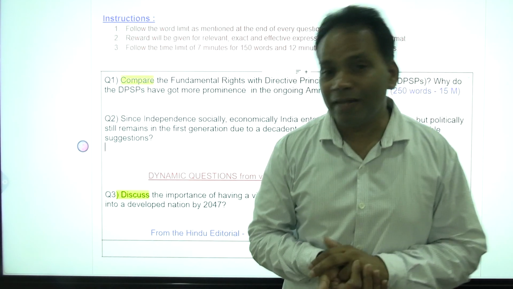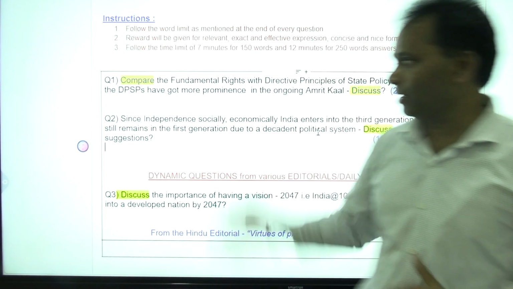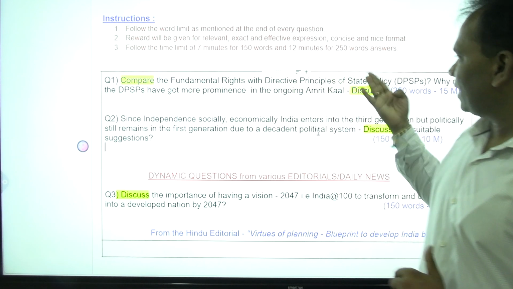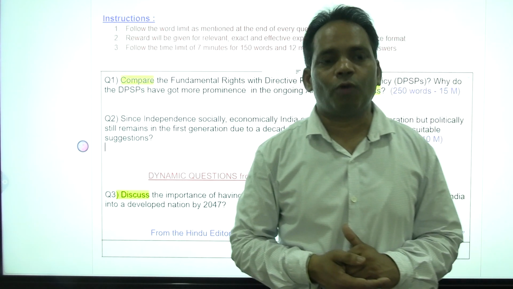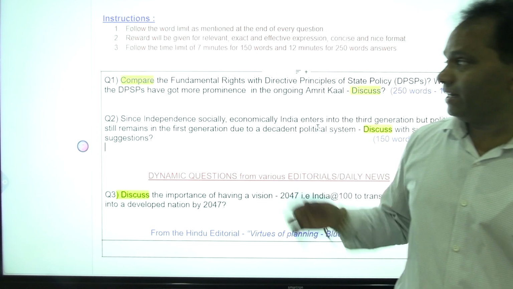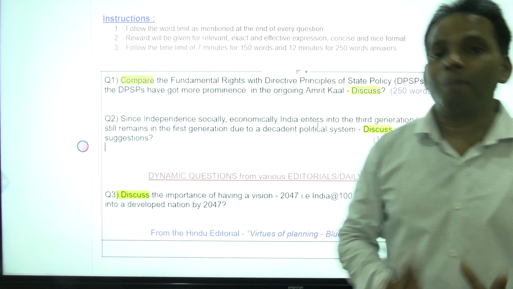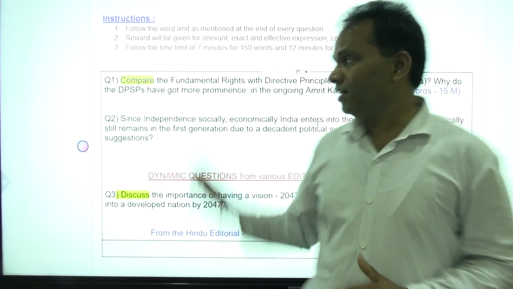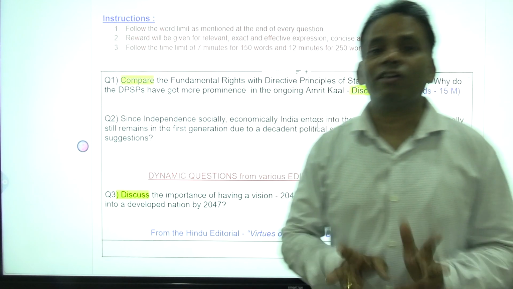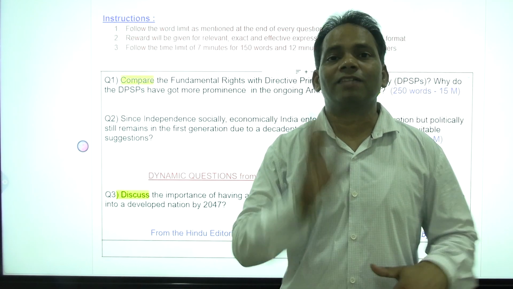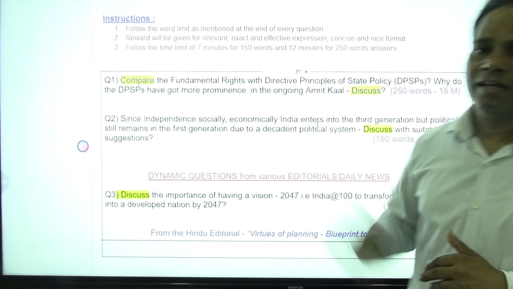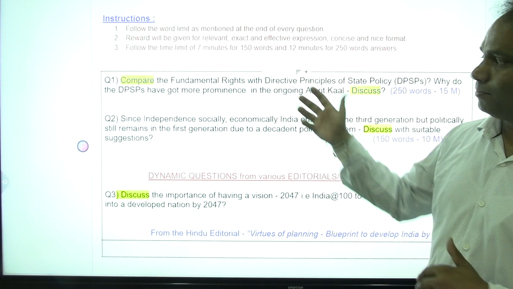What are the similarities? Similarities: both the fundamental rights and the directive principles of state policy have as their main concern to establish a welfare state. That's why these 2 are important components, 2 important pillars of the Indian Constitution.